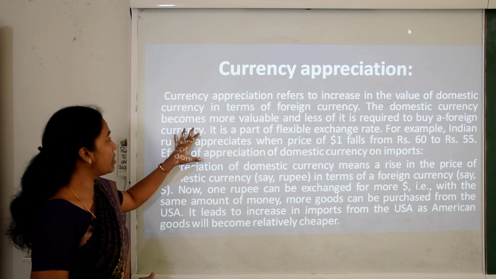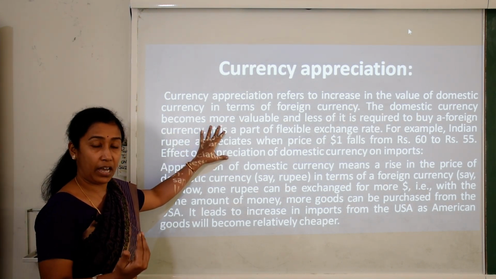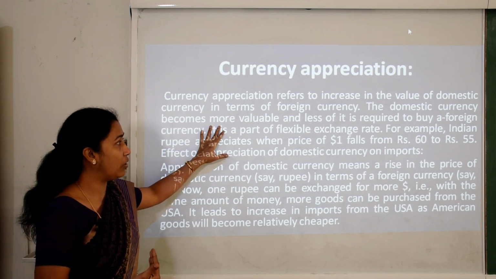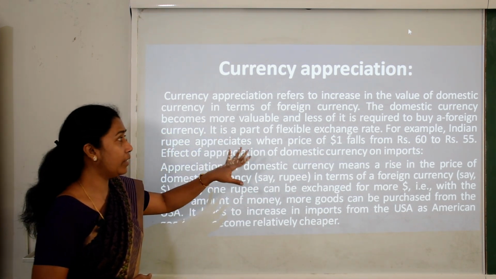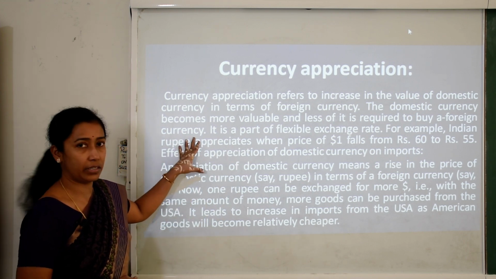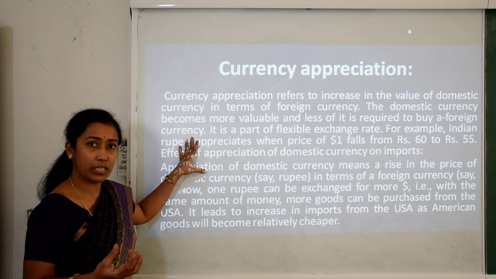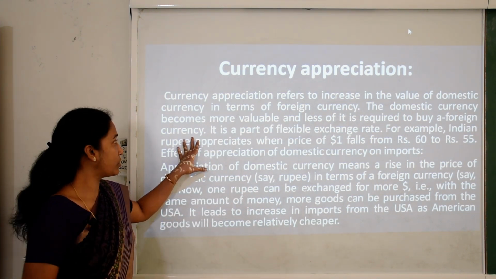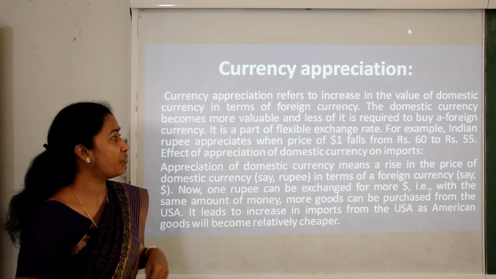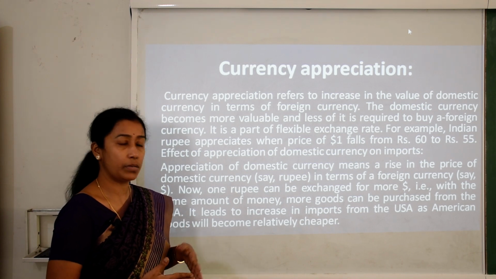The domestic currency becomes more valuable, and less of it is required to buy a foreign currency. That means we require less of our currency to purchase another country's currency which is devalued. This kind of currency appreciation is a part of the flexible exchange rate.